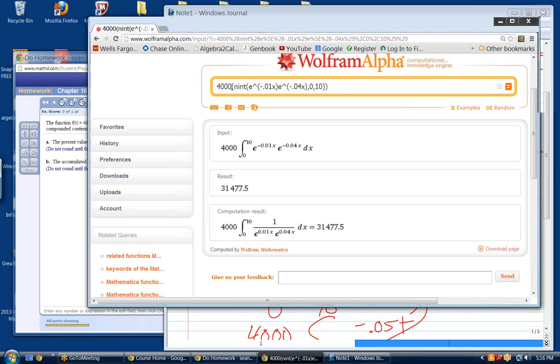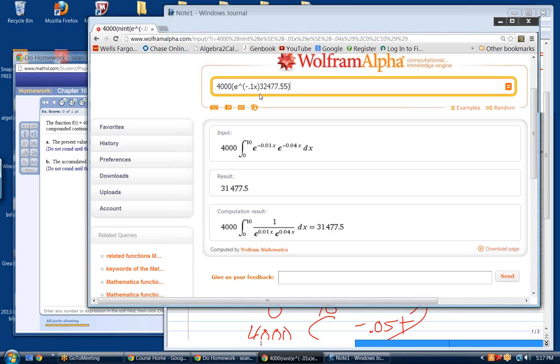Let's see here. We want 4,000 times e to the minus 0.1x times this number, 31,477.55.